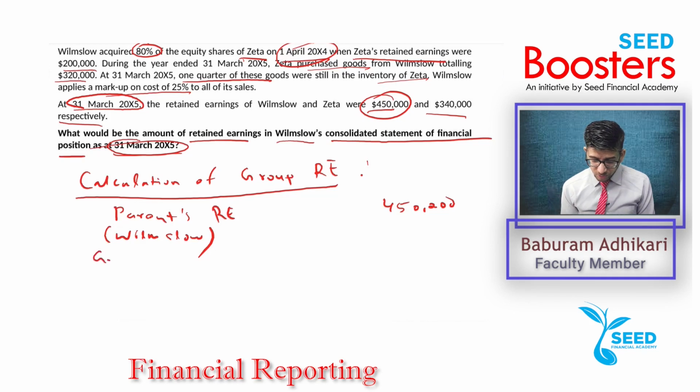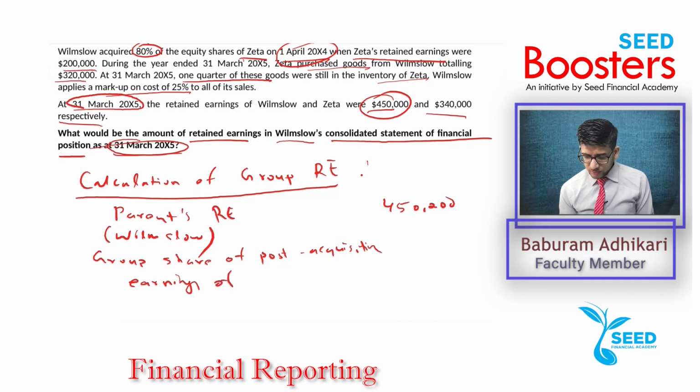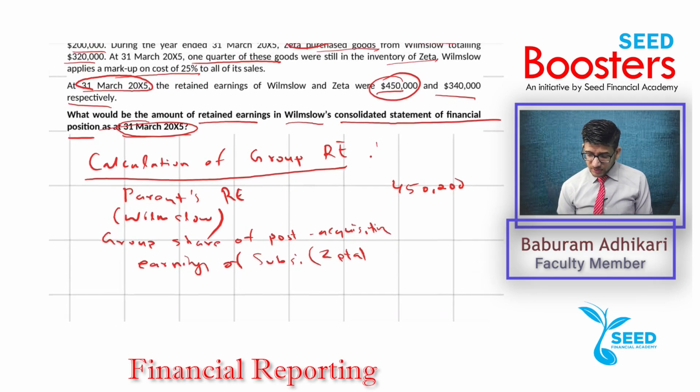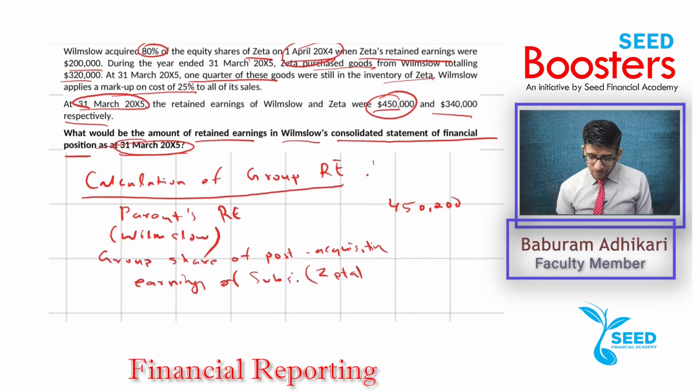So group share of post acquisition earnings of the subsidiary. In this case, the subsidiary is Zeta.